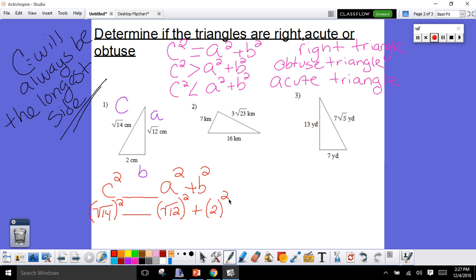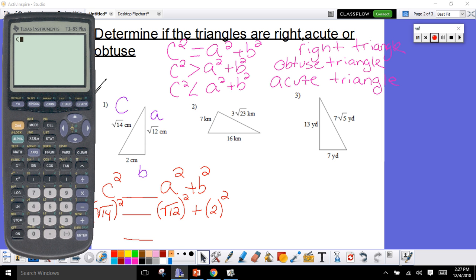2 squared. I'm going to take out my calculator and put the square root of 14 squared, in parentheses. The square root of 14, close parentheses, then squared, is just going to give me 14.